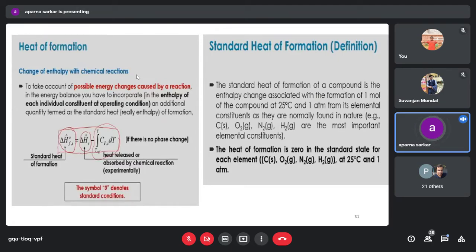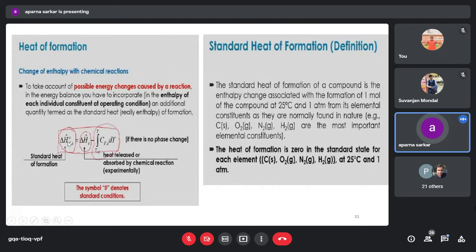So what is heat of formation? We have the formula: del H bar degree f is equal to del H bar minus the integration from T reference to T of Cp dT.